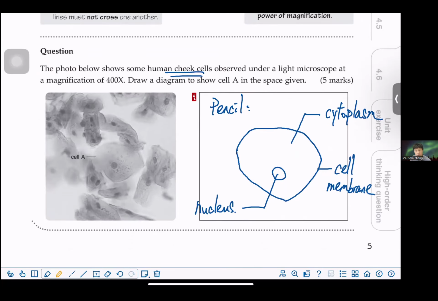Then is it finished? No, remember, you need to write down a title. For the title, it is 400 times.